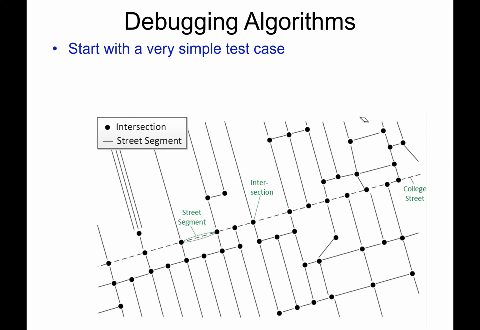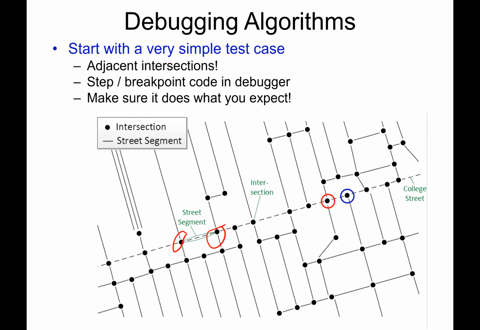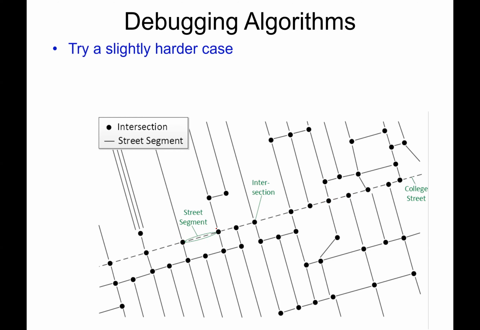And the simple ones are basically really close together. So you want to start with a test case where you're just going from one intersection to one that's right next to it, okay? Because that you can watch in the debugger and you can make sure it works. I would actually watch this in the debugger. That's how I check my own code. So I don't just check that it got the right answer. I watch how it got it. Then the next thing I do is try a little bit harder.